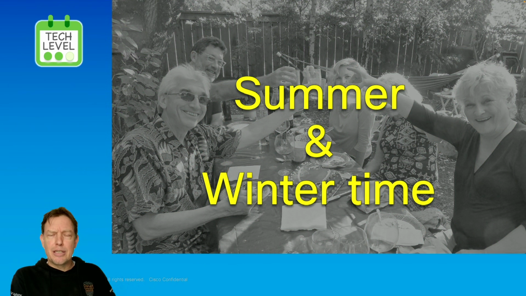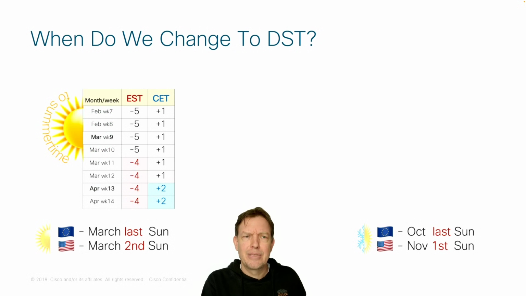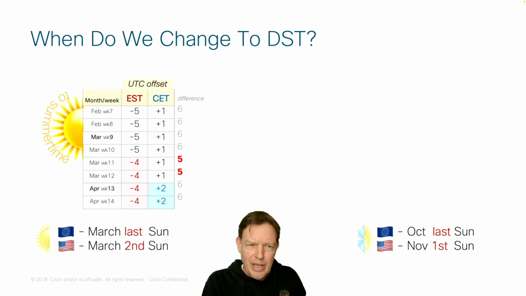So what else is there to say about summer and winter time? It's the date where you change from summer to winter time. The interesting thing is that there is a difference between when, for example, the US changes and Europe. And as a result of that, there is a period of 2 weeks where the time difference between the US and Europe goes back 1 hour.